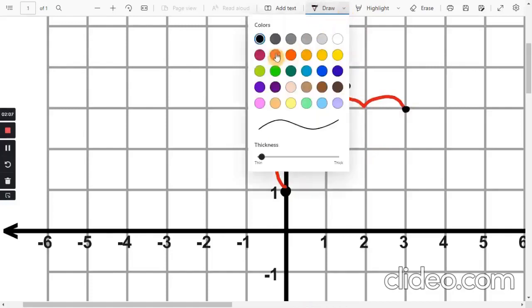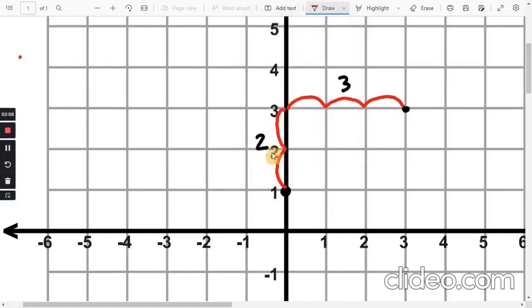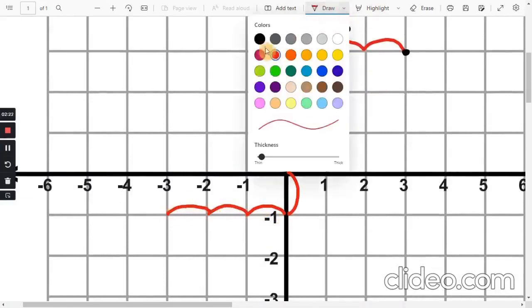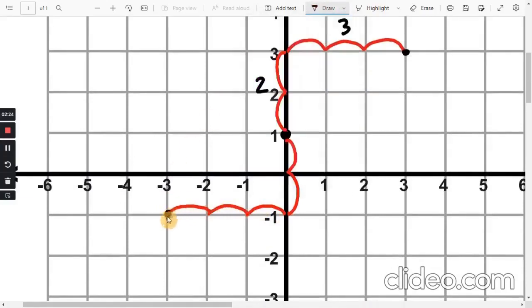Now, just for your information, you can do the exact opposite. So if you want to go down 2, we can go 1, 2, and then instead of right 3, we can go left 3. 1, 2, 3. So right there is actually another point on the line. If you go down, that's considered -2, and if you go left, that's considered -3. 2 over 3 is the same as -2 over -3, so it's the same thing.